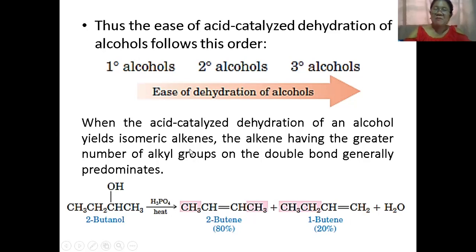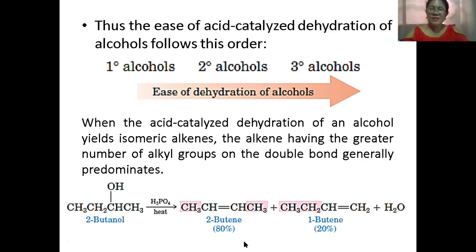What does it mean? It says the alkene having the greater number of alkyl groups on the double bond generally predominates. There is a greater tendency for this to be the product that forms.